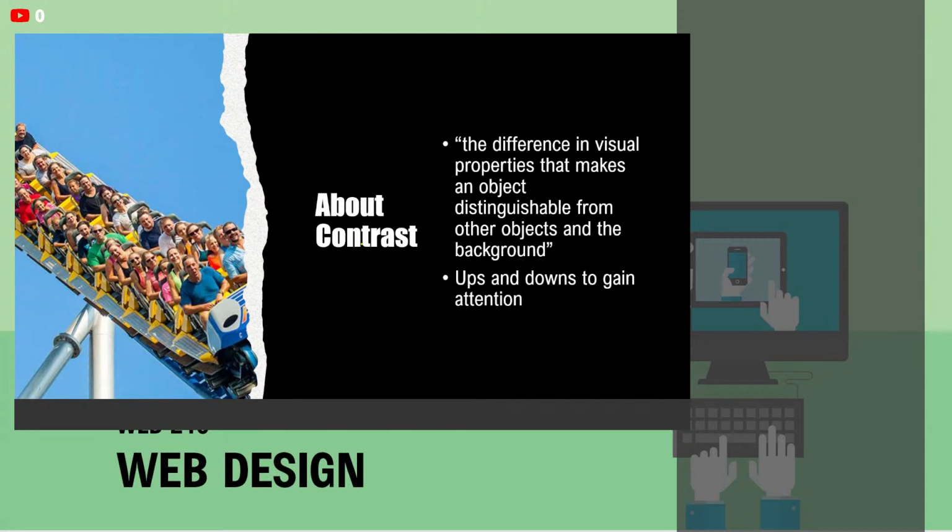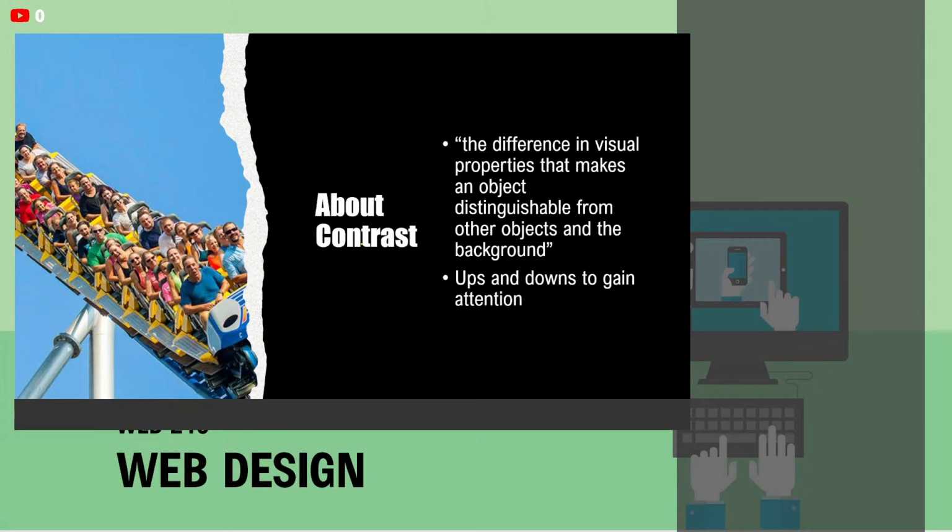This item that's a little bit bigger stands out as opposed to the rest of the text on the slide. Our eyes are immediately drawn to the title of the slide because it's a little bit bigger, and then they flow to the text.